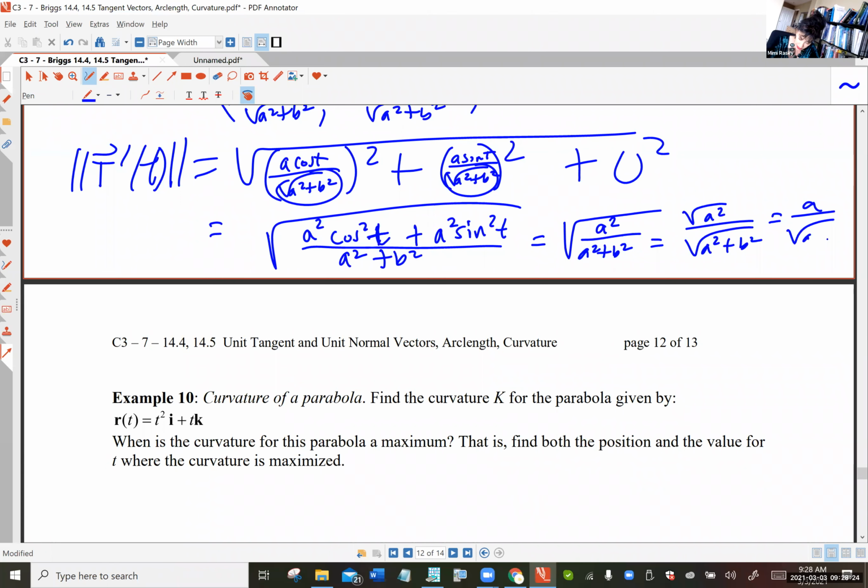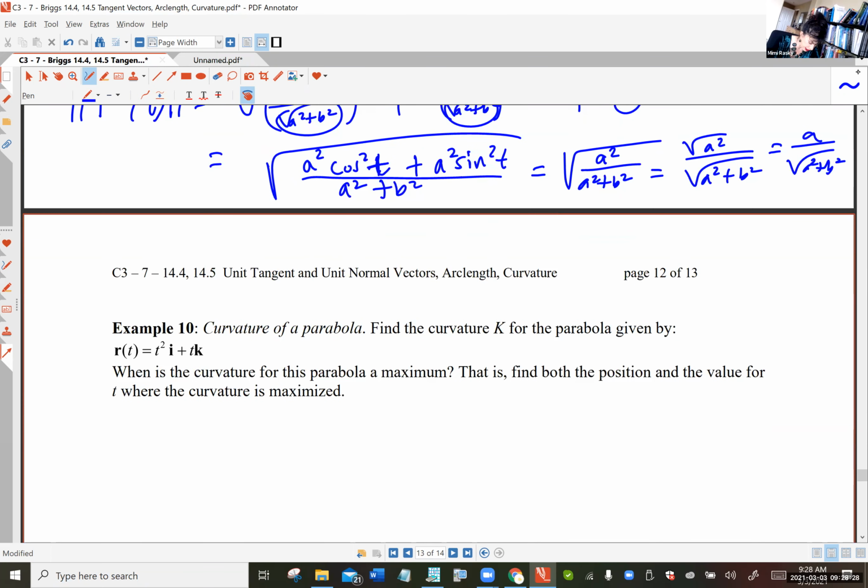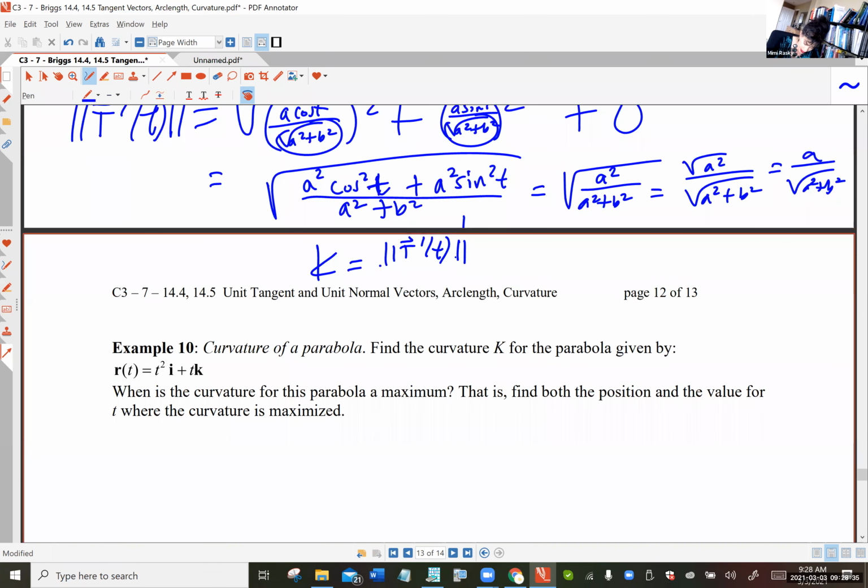Of course, everything has to be positive for you to use that. And now we're almost done. Your k is the magnitude of T prime divided by speed. So we just got the magnitude of big T prime. That's our numerator. So you've got a over square root of a squared plus b squared.